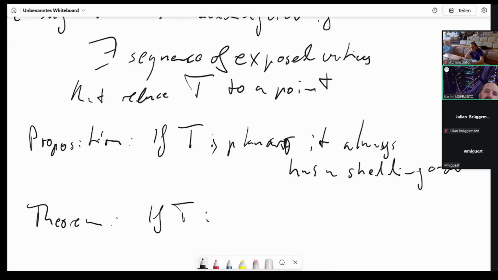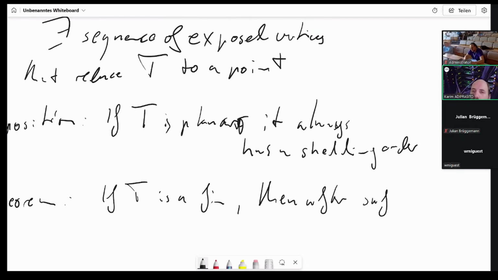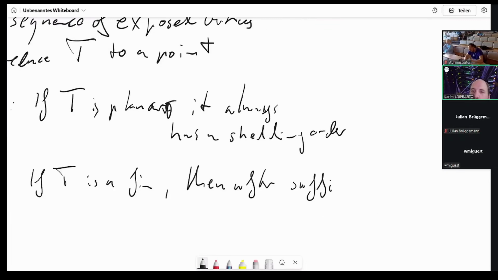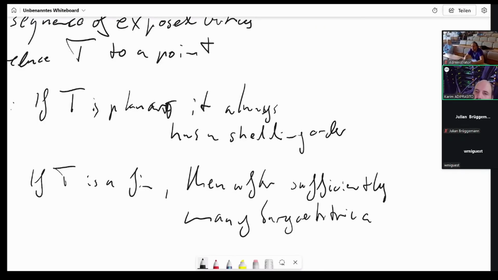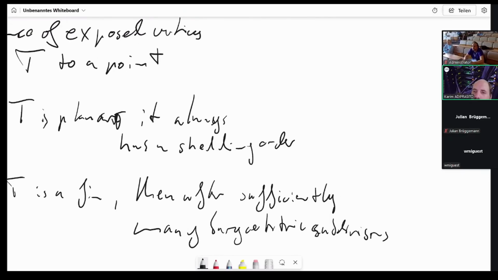If T is a fin of any dimension, then after sufficiently many barycentric subdivisions, it has a shedding order.